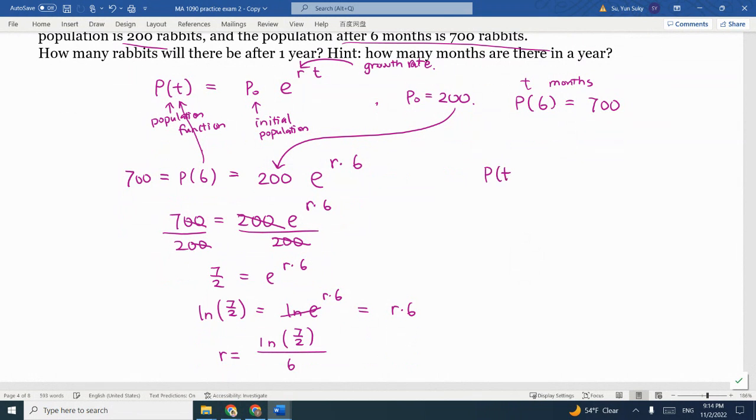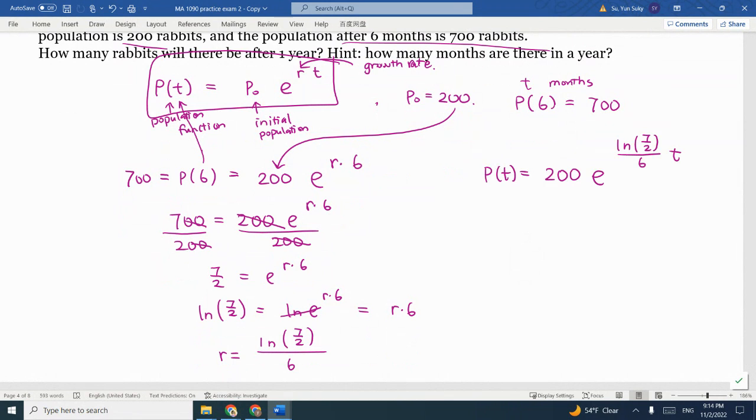So P of t, now we can plug into our formula. P of t is P0, which is 200, e to the r, where r is this number ln of 7 over 2 over 6, times t. Okay, so this is the formula.